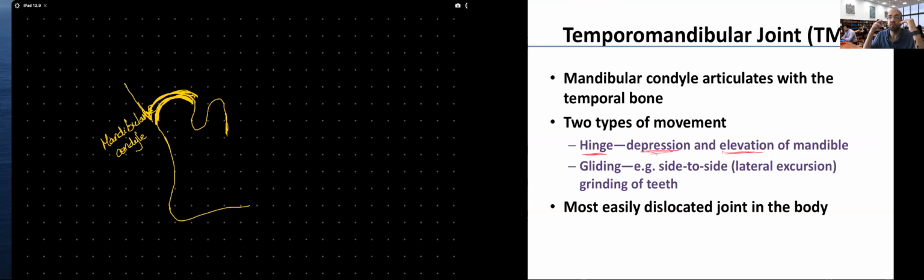All right, so I have hinge movement, allowing depression elevation. And if I'm considering the middle parts of the two articular surfaces, they are flat surfaces. They allow just a gliding motion from side to side.